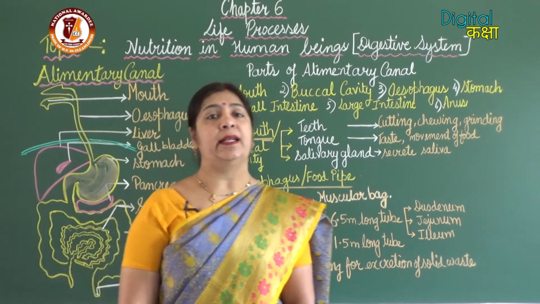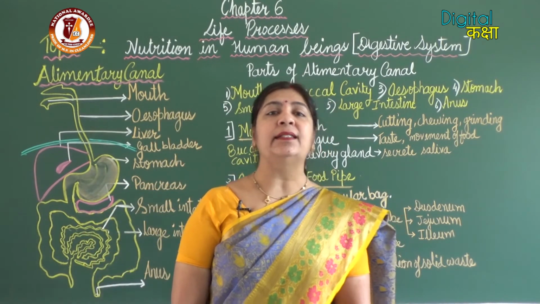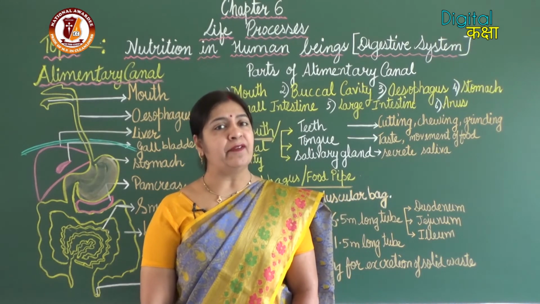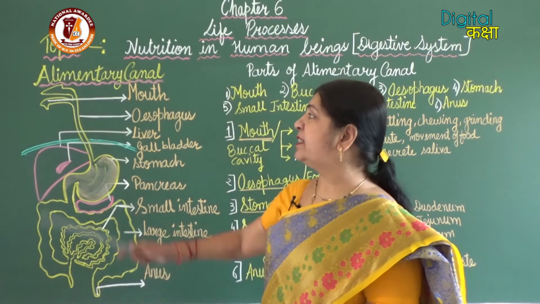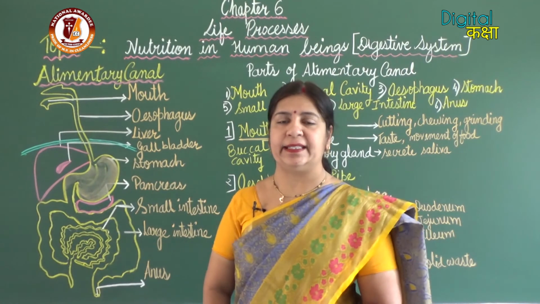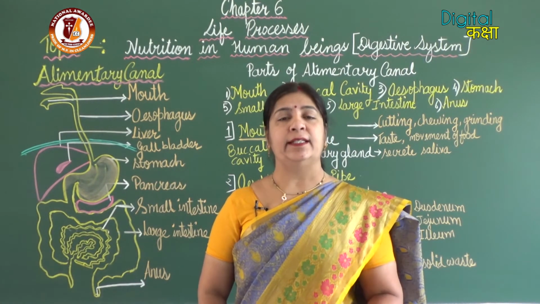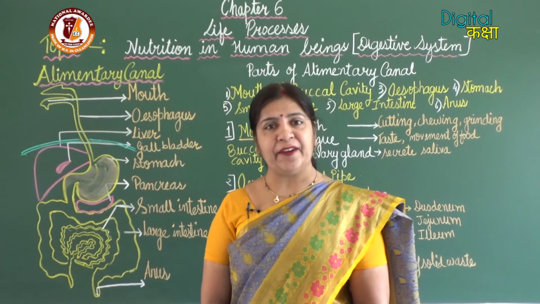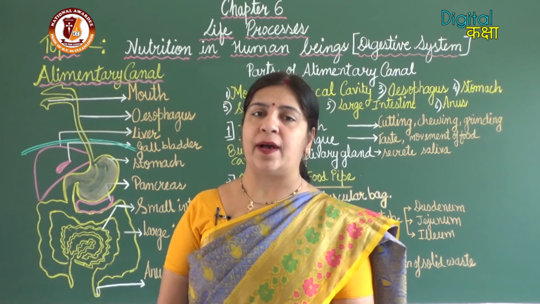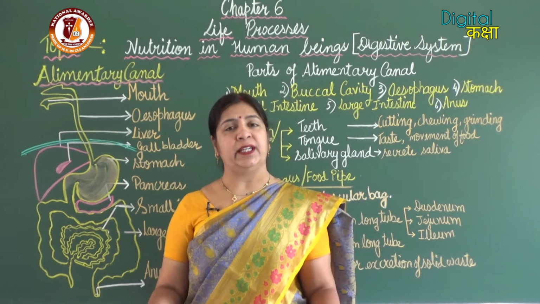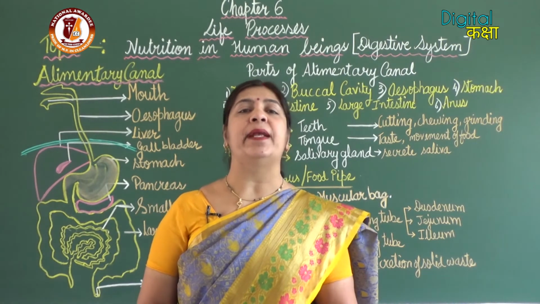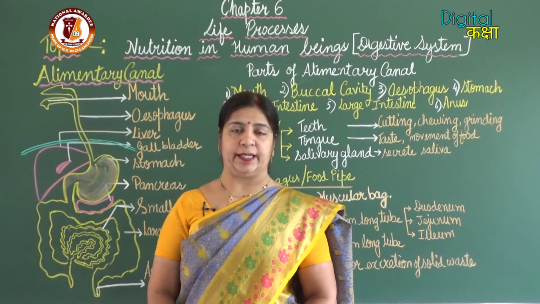The first digestive gland is the salivary gland. The salivary gland, as you all know, is present in the buccal cavity, in the mouth, and it secretes saliva. Saliva contains enzymes and it helps in the breakdown of carbohydrate.